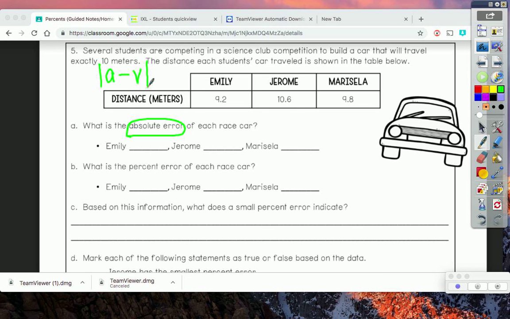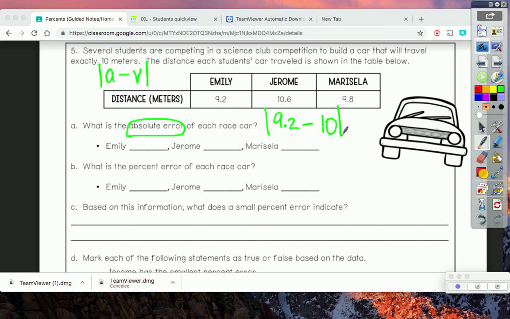So what did Emily get? 9.2. So that will be 9.2. Remember our absolute value bars. Minus, what was the correct amount or the maximum amount? 10. Very good. So what is 9.2 minus 10?